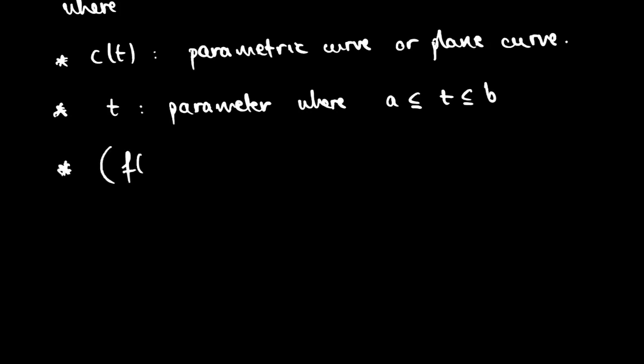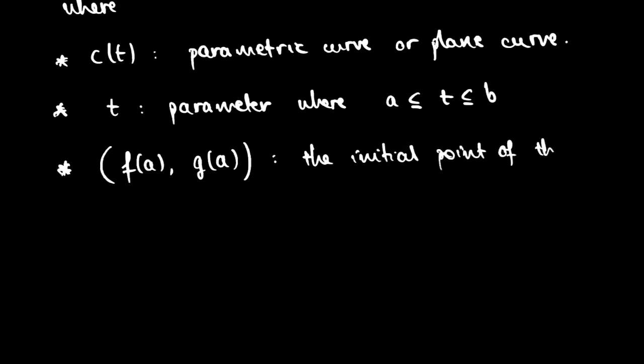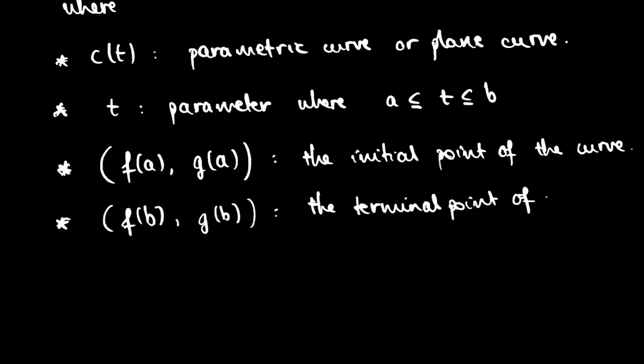The point f of a comma g of a is called the initial point of the curve, and f of b comma g of b is called the terminal point of the curve.